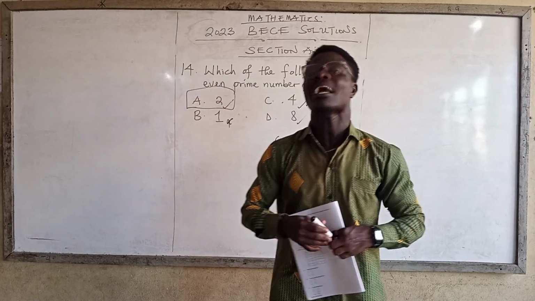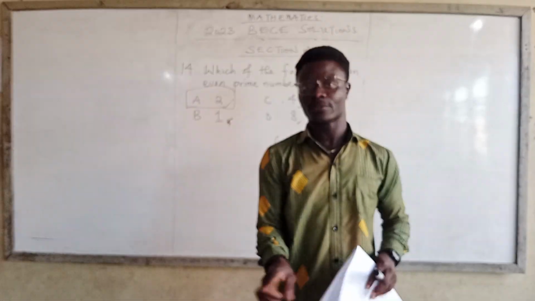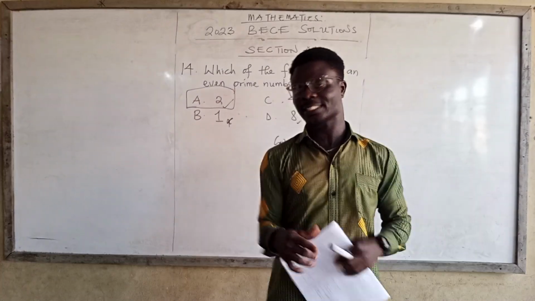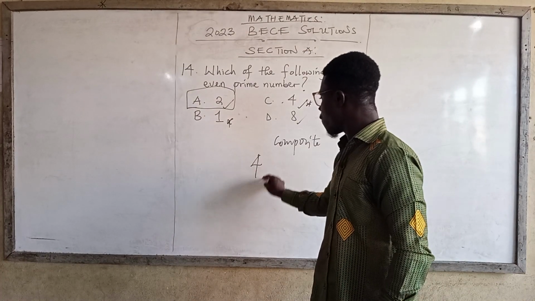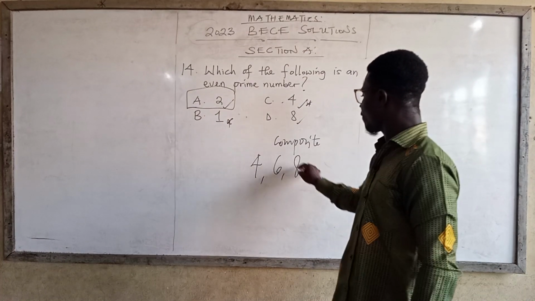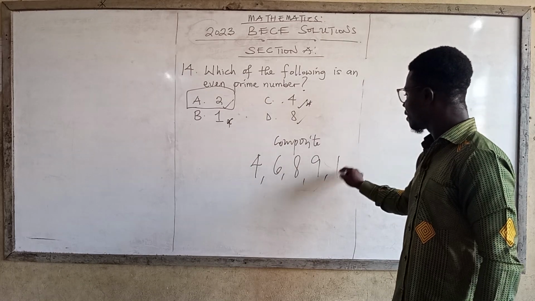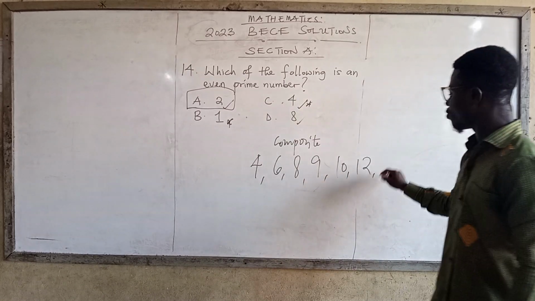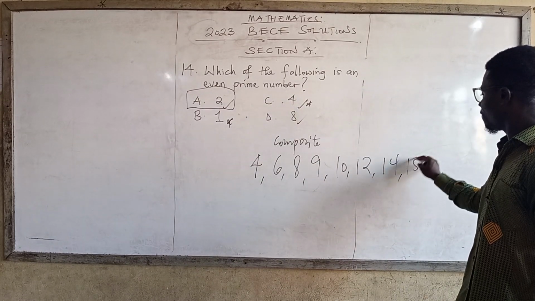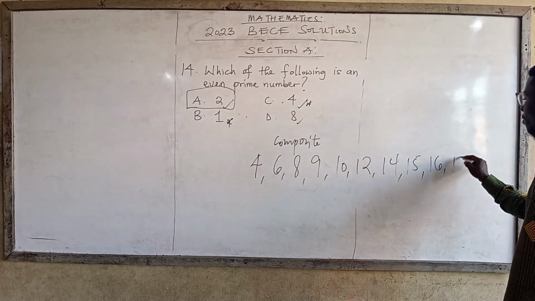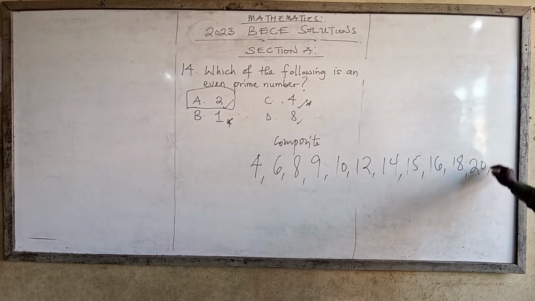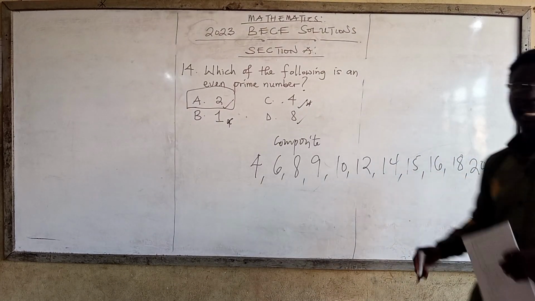Composite numbers are numbers that have more than 2 factors. So which means that they start from 4, 6, we have 8, we have 9, 10, we have 12, we have 14, we have 15, we have 16, we have 18, we have 20, 21, then it continues.